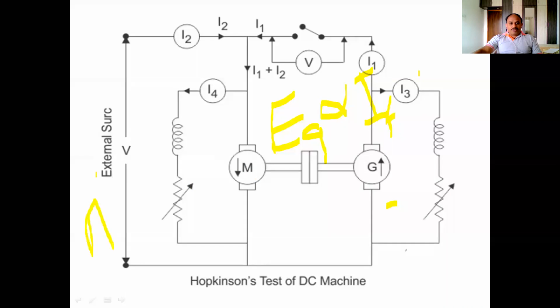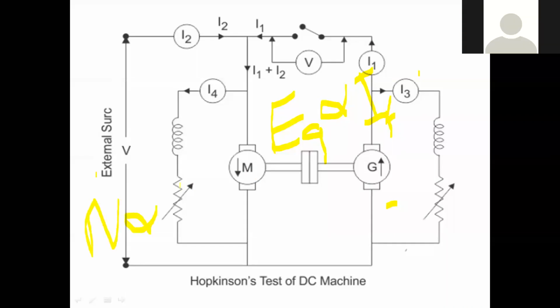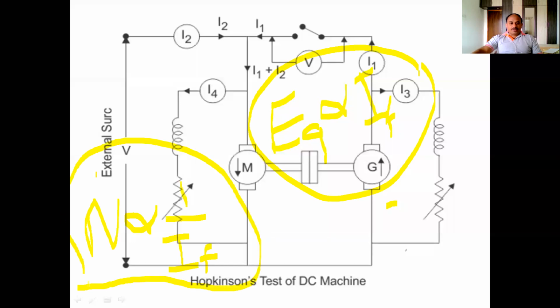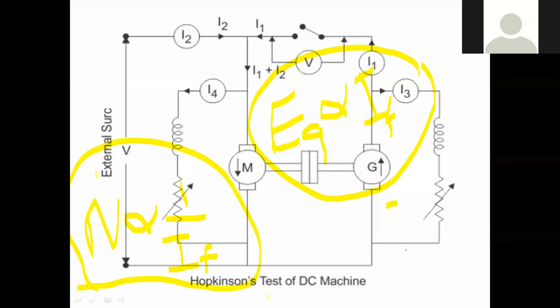Speed is inversely proportional to field current, proportional to 1 by flux. These two relations are very important while conducting this test.